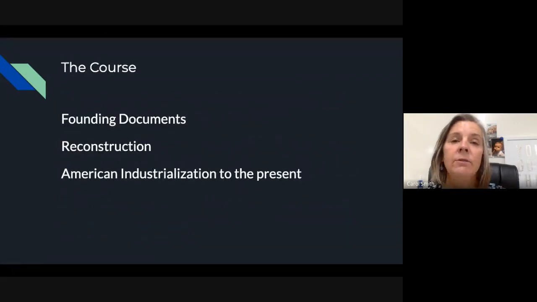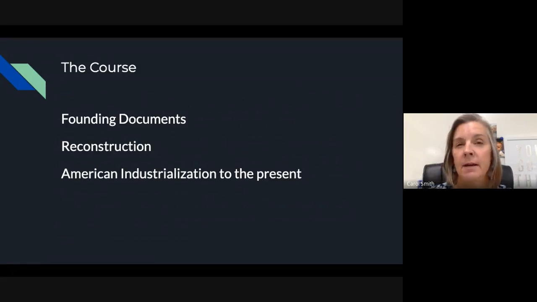The course itself, we start with the founding documents, and we looked at some of the ideals found in the Declaration of Independence. And next week, by the time you're seeing this, we will probably already be working on the Constitution, or maybe have just finished looking at the Constitution.